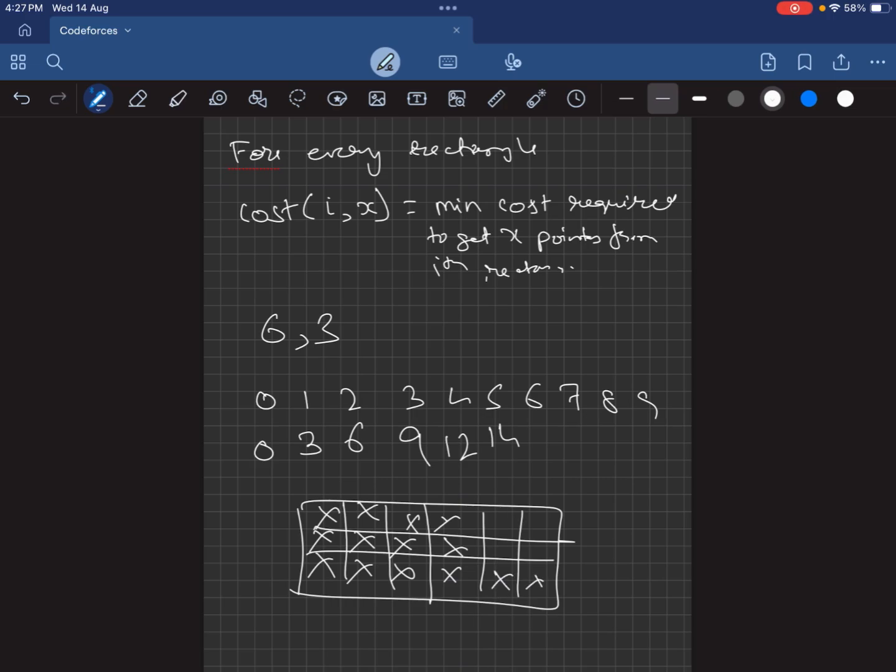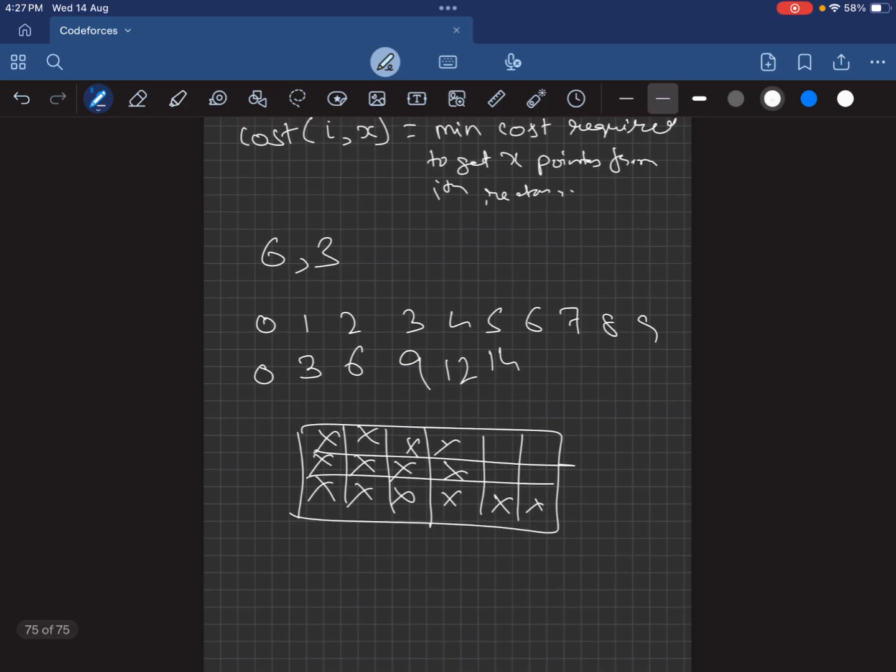Okay, so what is happening here is that when you color one entire column of this 6 comma 3 rectangle, it essentially turns into a 5 comma 3 rectangle. So whenever you are reaching something like 3 comma 3 and you color one column of 3, it becomes a 2 comma 3 rectangle, and the efficient way is to color two cells.